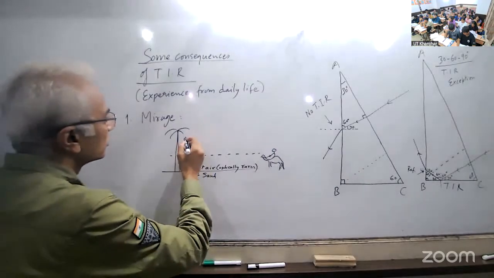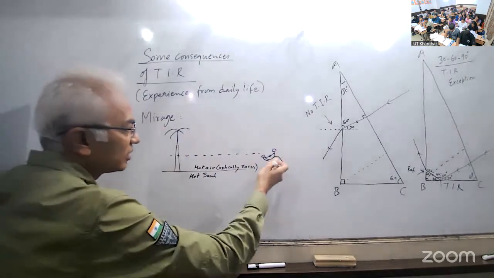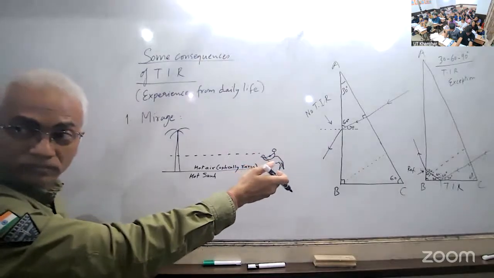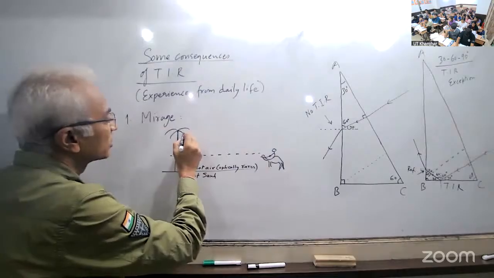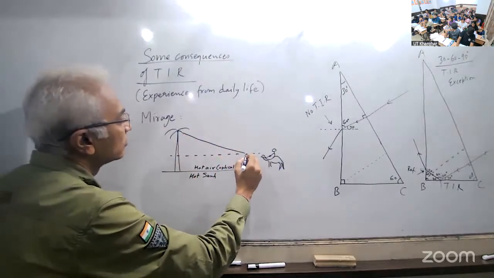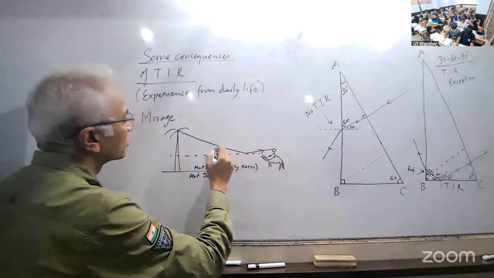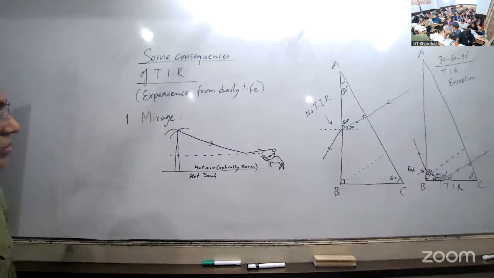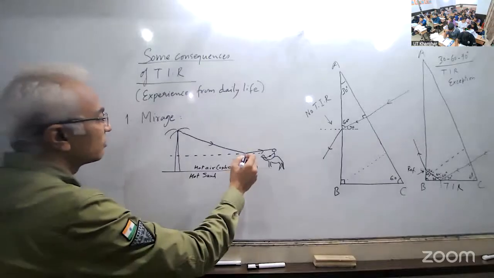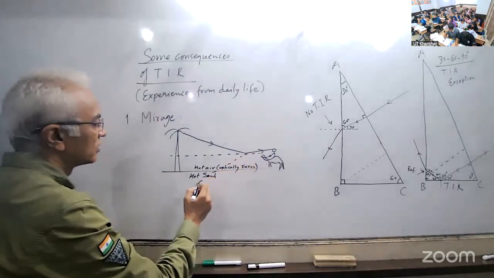So now, at a certain position, the light coming from here will be reflected to the observer. Okay, at a certain position.